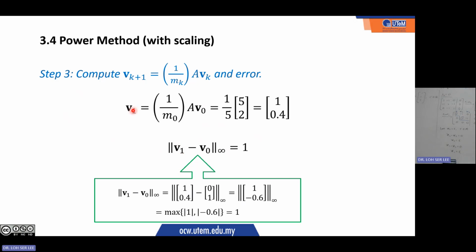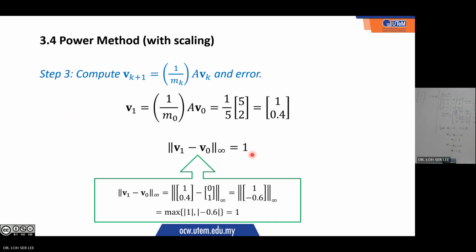We will use the latest V minus the previous V. The latest one is V1. The previous V0 is 0, 1. So this minus this, you get this. The infinity norm means out of all these entries, we select the largest magnitude. The magnitude is 1. The magnitude is 0.6. So the largest one is 1. So that's why the error is 1.